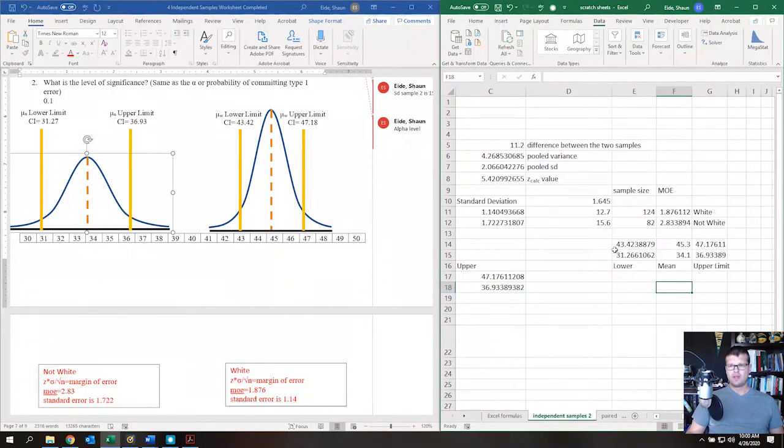And so this is giving us a good picture of these two distributions. So we've got the individuals who are white over here on the right-hand side, the individuals who are not white over here on the left-hand side, and we've got their confidence intervals of their point estimates of the mean. And so we've got the average individual who's not white.